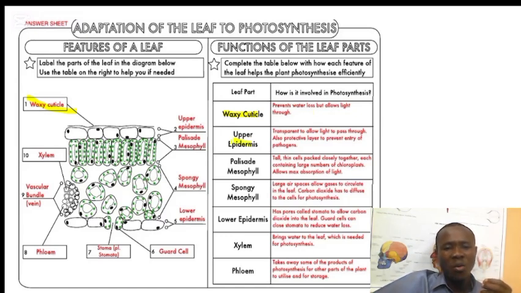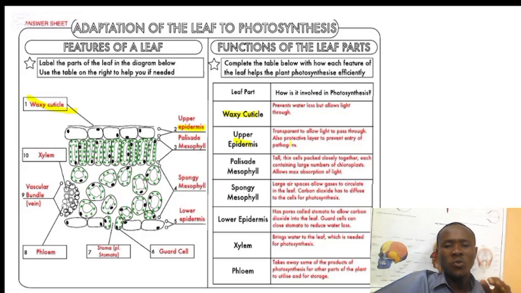And we have the upper epidermis. The upper epidermis, as we have it on the slide, is transparent to allow light to pass through. If this upper epidermis that is on top is opaque, light will not pass through.